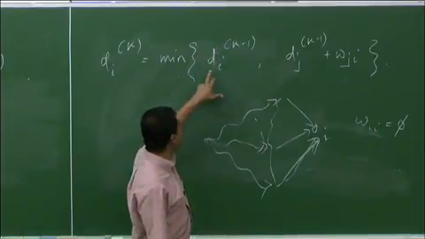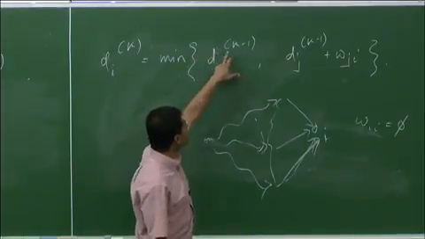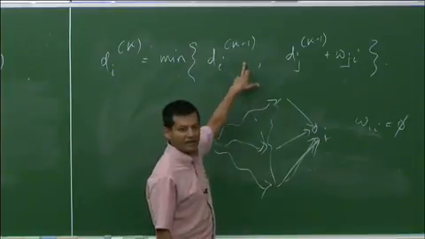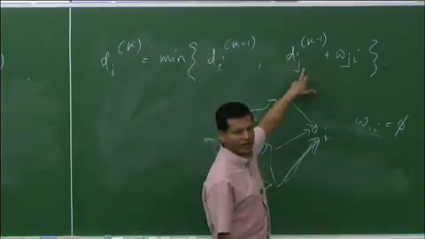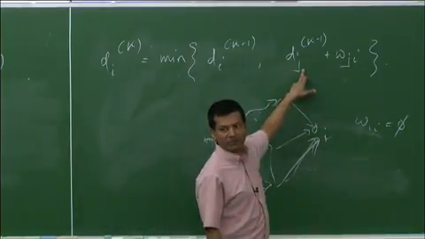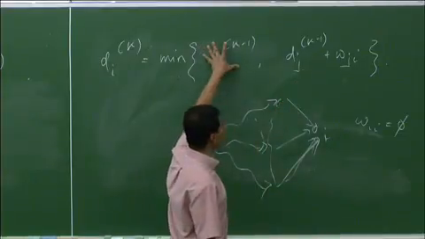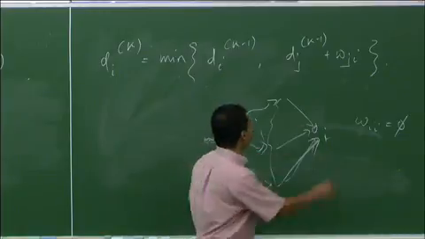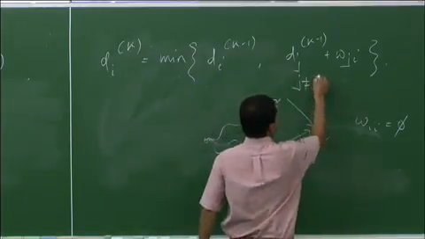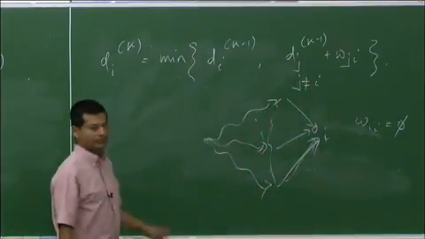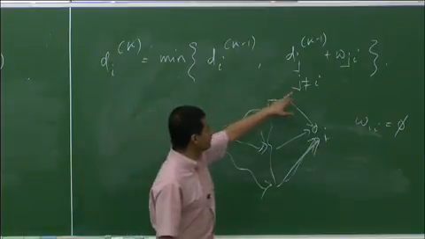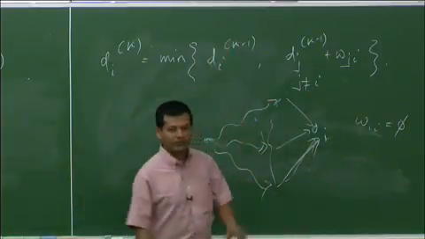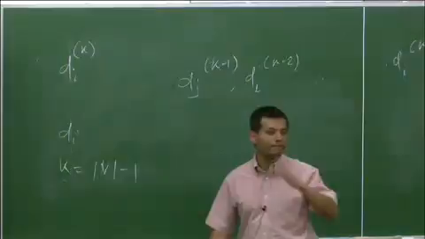You can clearly see this is essentially d_i^(k-1) plus w_ii. If you replace the i with a j here, that is essentially what I am talking about. So, I can take this completely out and allow for j to also be i. In this particular case, I am saying j not equal to i. So, if j is allowed to be i, I do not need this piece. Does that answer your question?